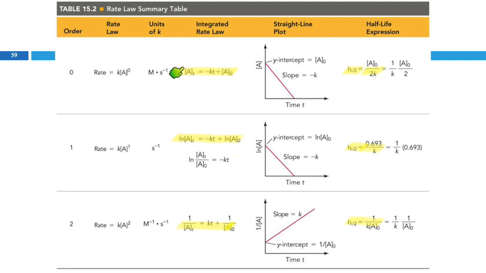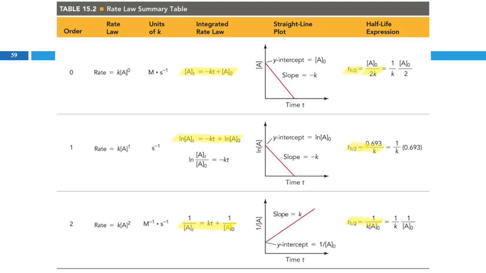And I put them in the chart in order, from left to right, 0, 1, 2, but I don't identify them. We should be able to figure out what to graph for a straight line by looking at the integrated rate law and saying, okay, well, that's y equals mx plus b. What's y? What's x? What do I graph?